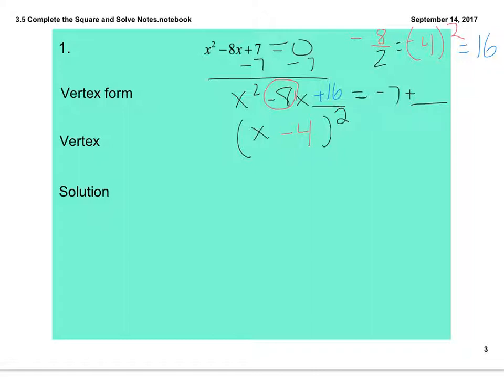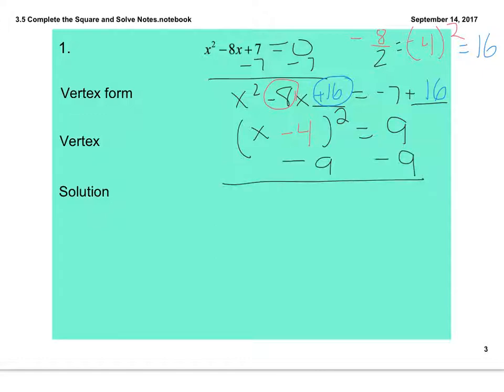That is a perfect square, and its factors are x minus 4 quantity squared. I've added 16 to this side of the equation, so I need to add 16 to this side of the equation. When I do that, my negative 7 plus 16 gives me 9. Okay. Now, to write this in vertex form, we would subtract 9 from both sides.